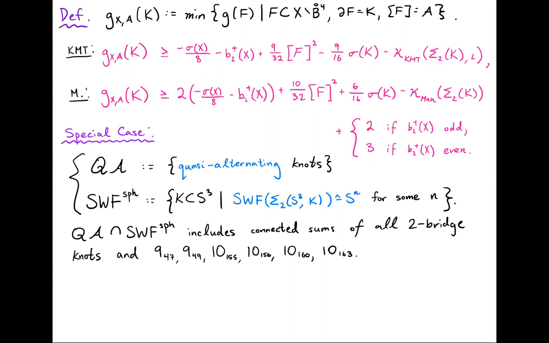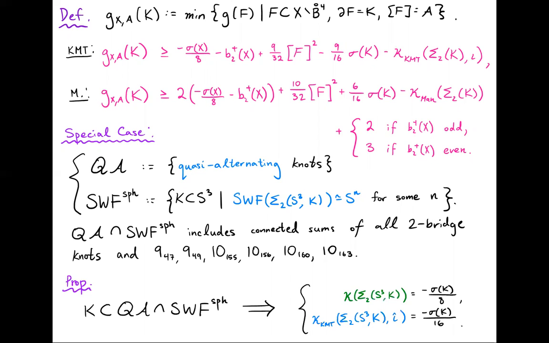If we look at the intersection of these two classes of knots, it includes connected sums of all two-bridge knots, for example, as well as this list of low crossing number knots. This is not an exhaustive list, but that's what I know exists in this class. So, proposition: if we have K sitting inside the intersection of these two classes, then we know what the kappa invariants are.